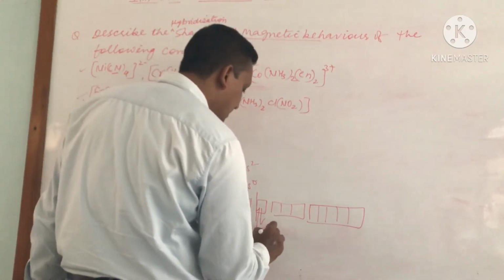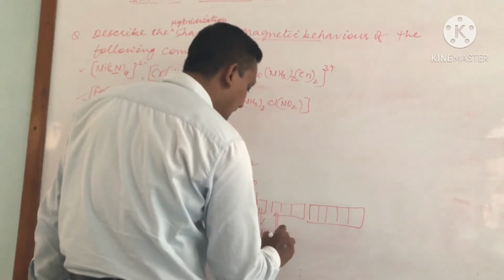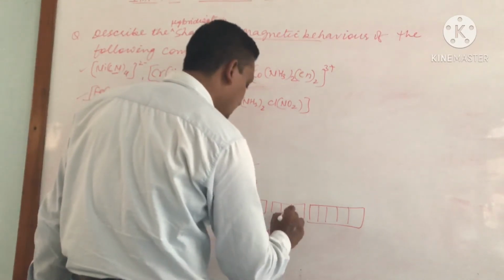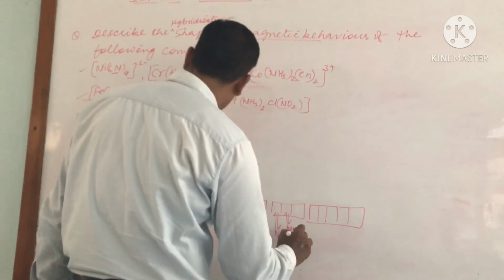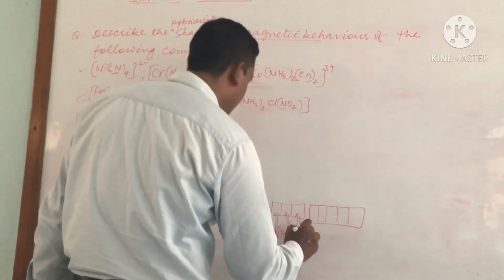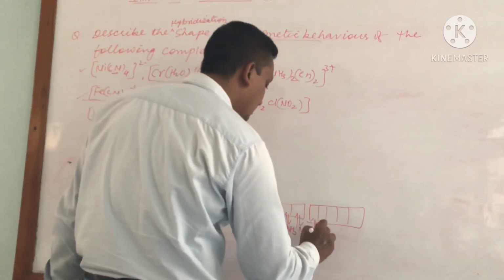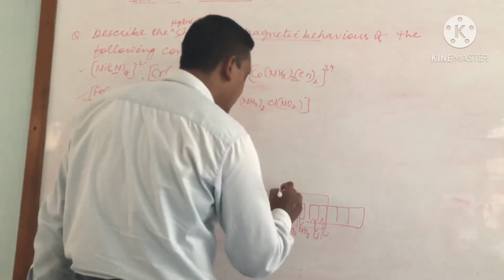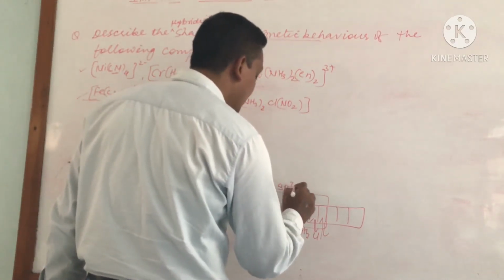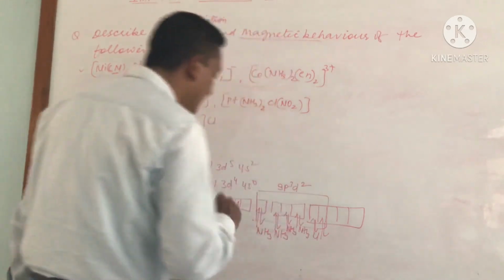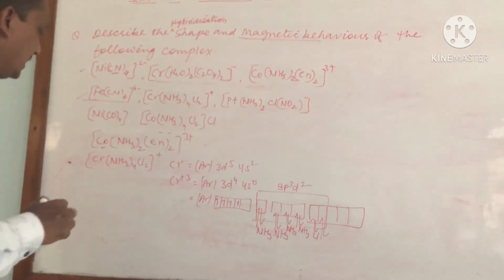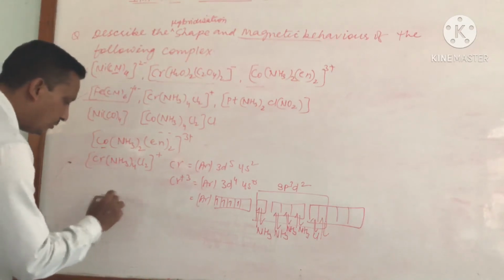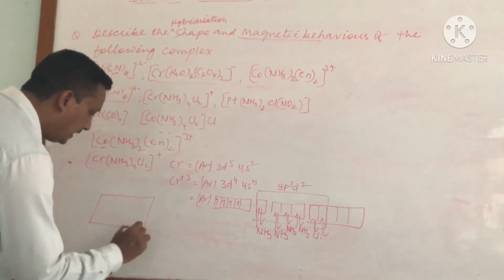sp3d2: NH3, NH3, NH3, NH3, then Cl, then Cl. So we get sp3d2 hybridization, and for sp3d2 hybridization the geometry of the molecule would be octahedral.